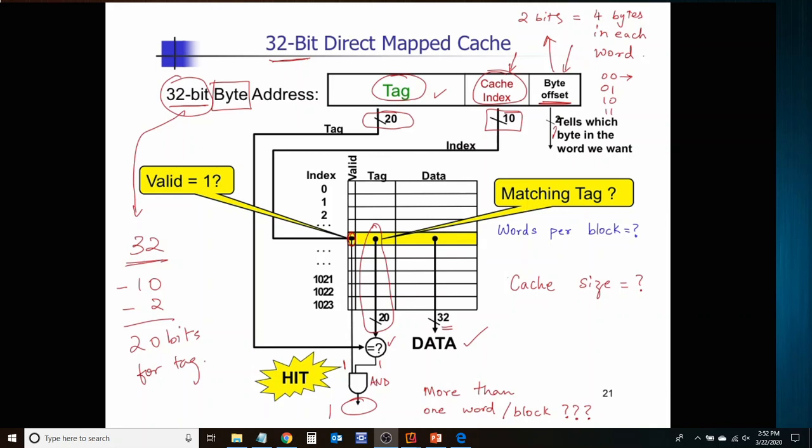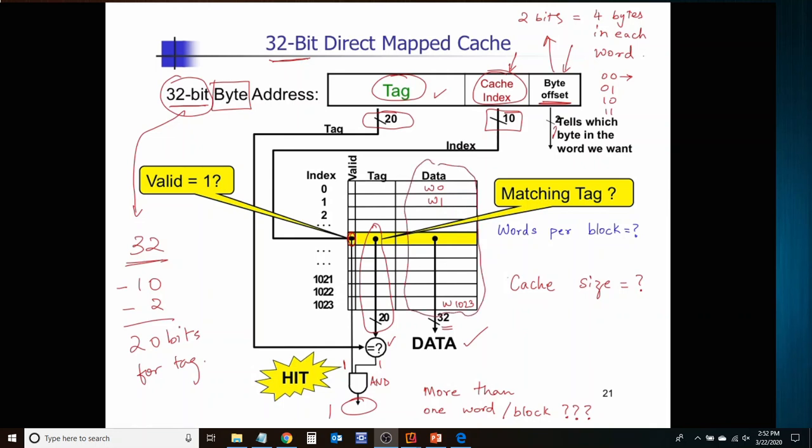Let's answer a few questions here. First, how many words are there per block? Well, if you look at this particular column, this is data present at words: word 0, word 1, all the way down to word 1023. And there is only one such column.